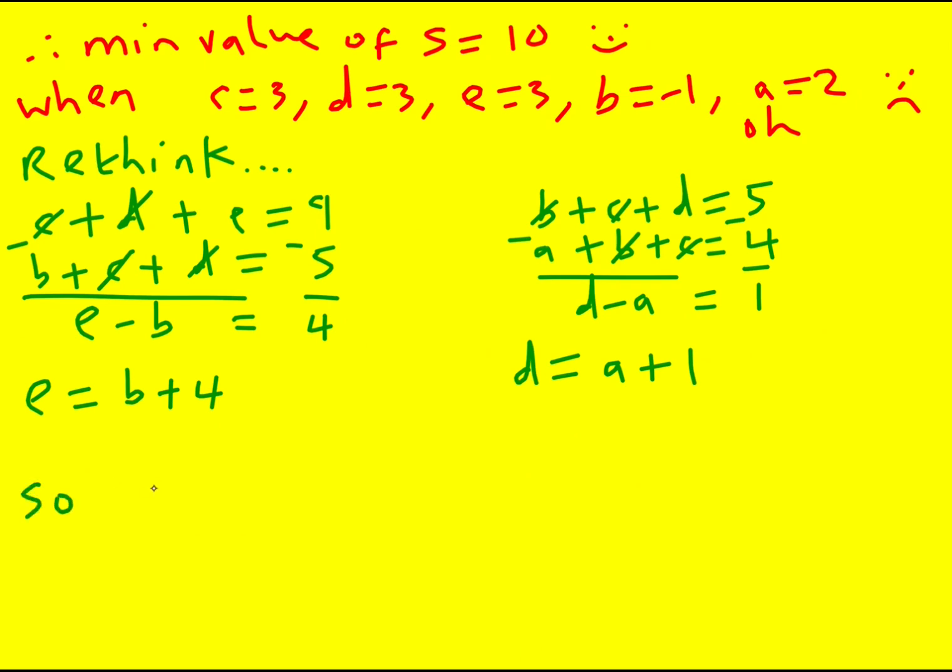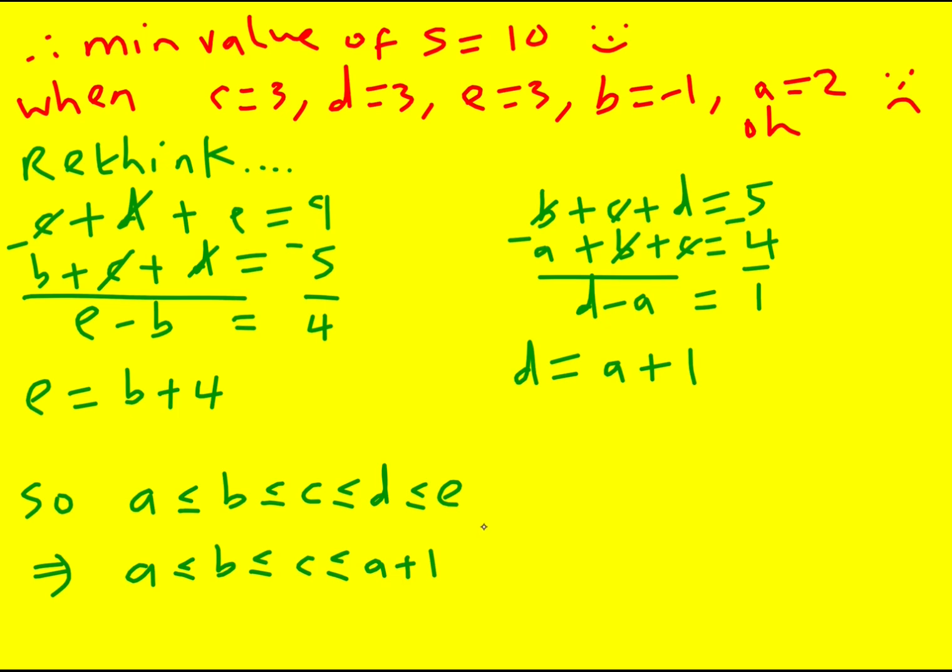So A less than or equal to B less than or equal to C, and so on, implies that A is less than or equal to B, which is less than or equal to C, which is less than or equal to A plus 1, which is less than or equal to B plus 4.